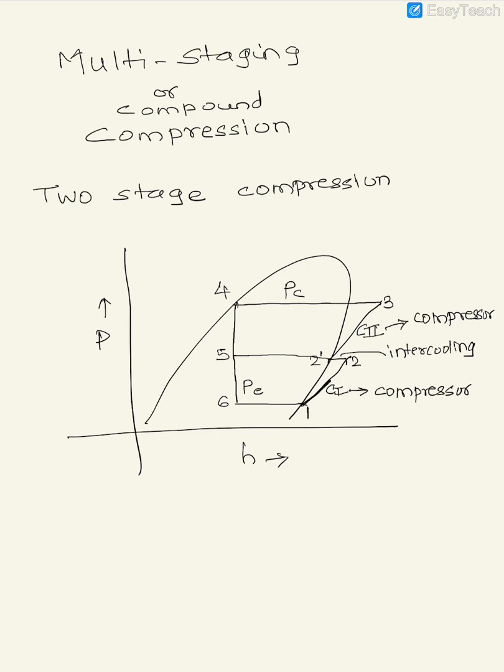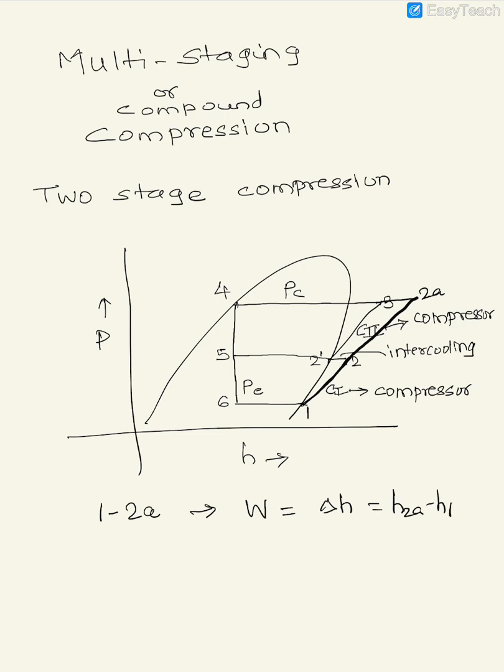So the dark line which I have shown represents the single stage compression. Let me call that end state as 2A. So 1 to 2A would be a single stage compression, and the specific work input would be the enthalpy difference across the compression, delta H, which is nothing but H2A minus H1.